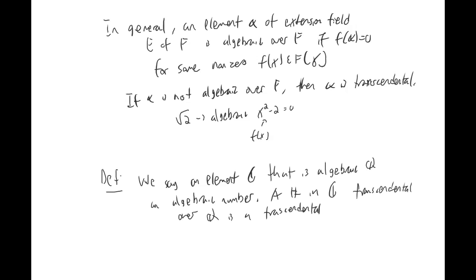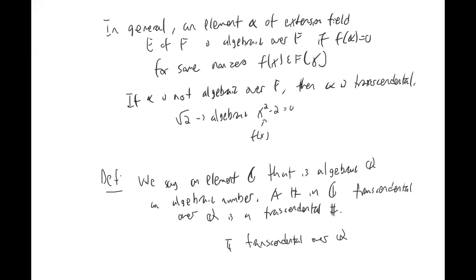In general, it's hard to prove a number is transcendental. That would require some huge theorem. I'll tell you now that pi is transcendental over Q, but it's hard to prove.